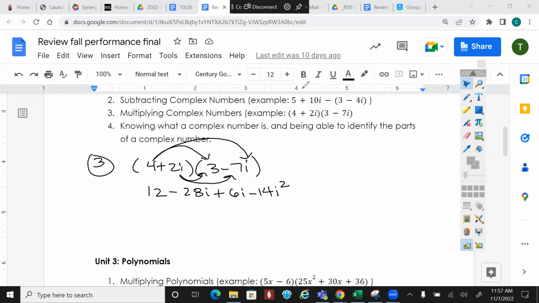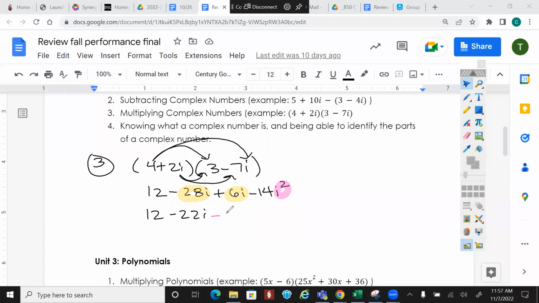Now we're going to combine our like terms. Our like terms are anything that has an i to the first power. So when we combine those, we get 12, and negative 28 plus 6 is negative 22i. And instead of rewriting this i squared, we're going to write a negative 1.